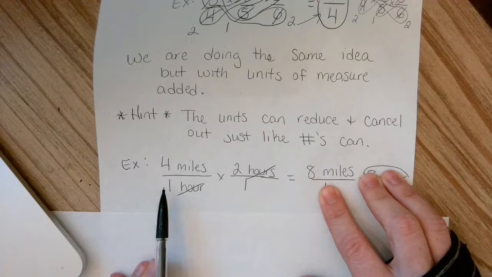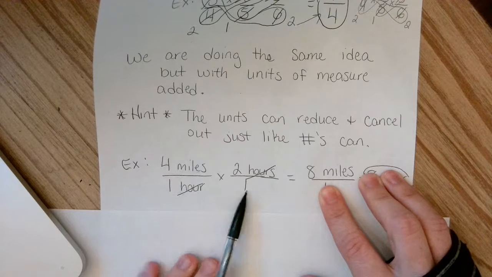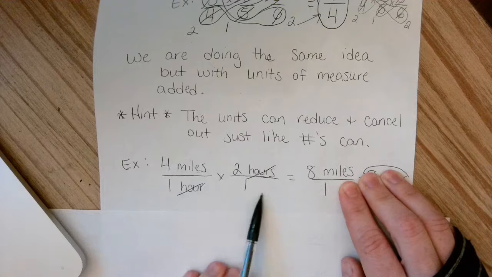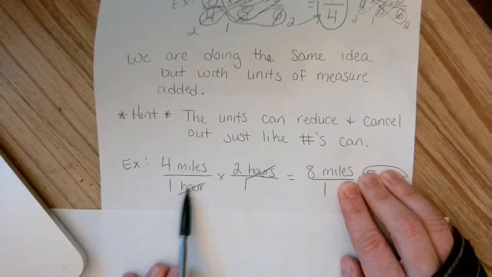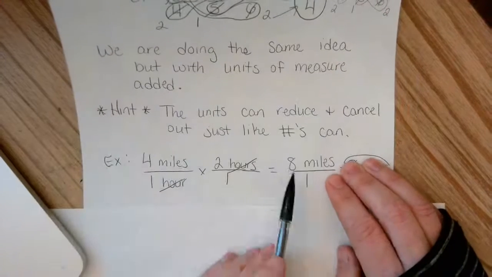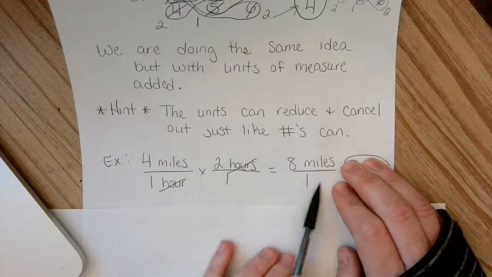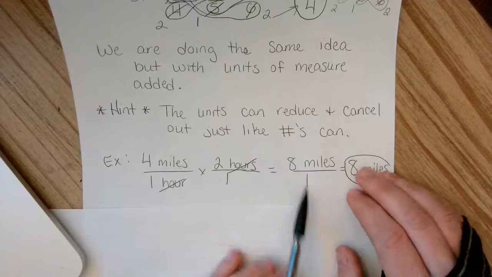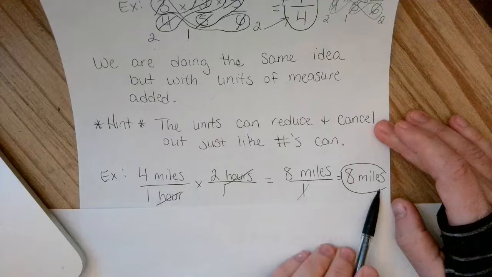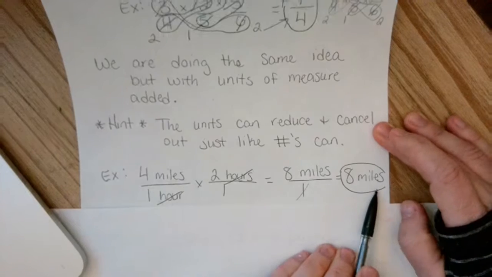Then I'm going to do the bottom numbers. 1 times 1 gives me 1. But I don't have a label on the bottom because hours was canceled out. So that means that I can either write my answer like this, or I can just go ahead and get rid of that 1 and write it as 8 miles. And that's my answer, and it's that simple.